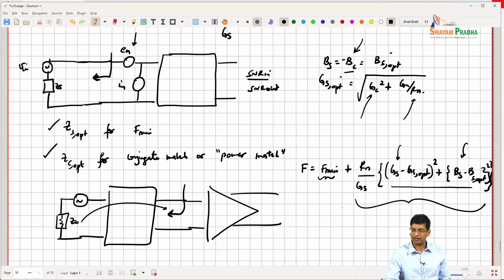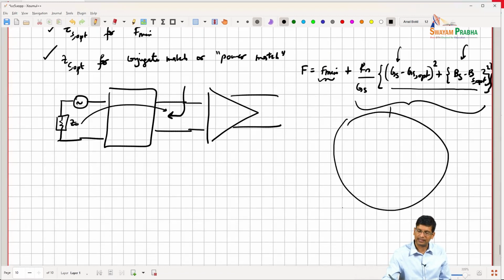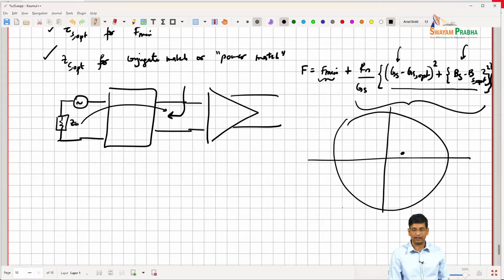And the amount of degradation that I get, if we think about this from a Smith chart perspective, right? Let's say on the Smith chart for the optimum noise, I am supposed to be over here. But when I move a certain distance away, and let's say I am going to power match and I am going to be over here, there is this much separation between them, and this quantifies how much noise figure degradation I have.